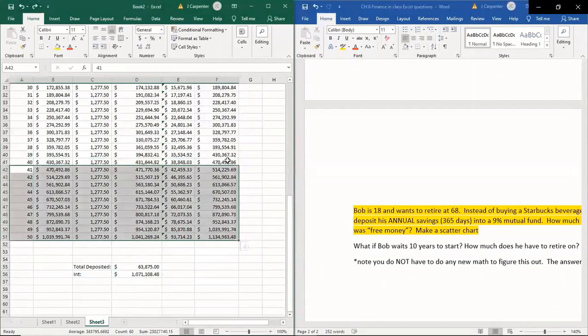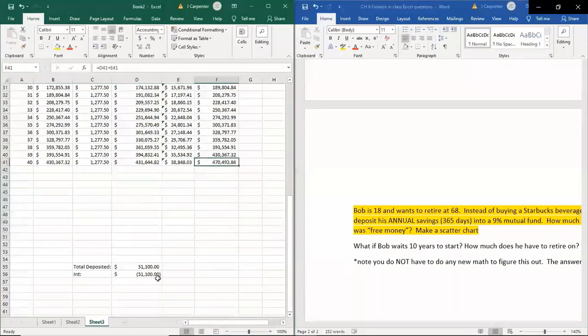Now we only have the $470,000 to retire on. This is no longer correct because it should be cell F41. So we can see that we only put $51,000 away, but now we only got $420,000 for free.